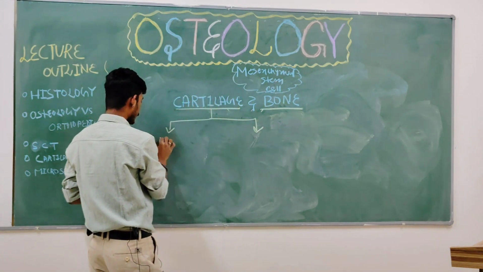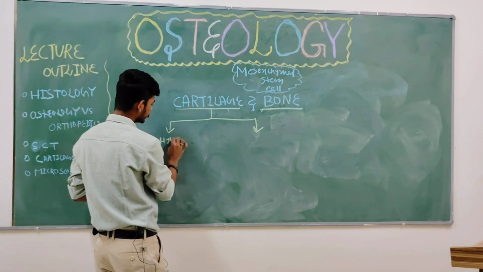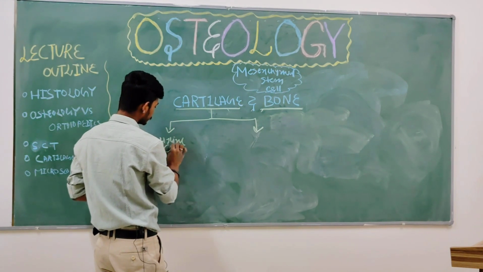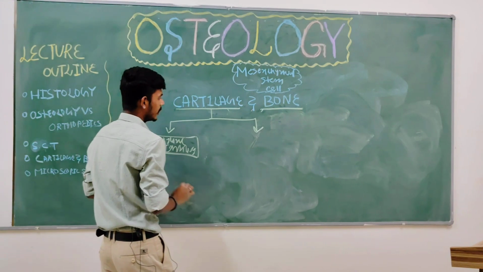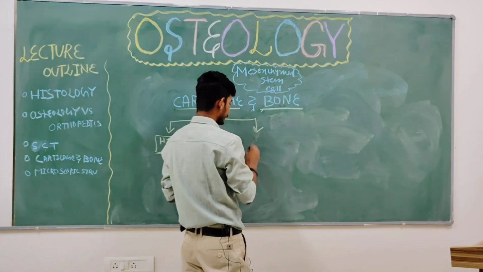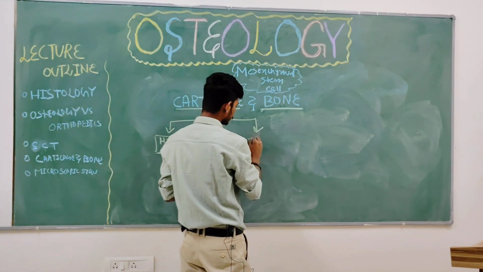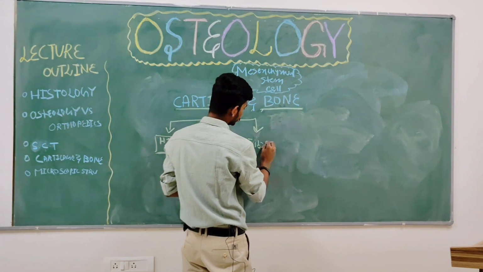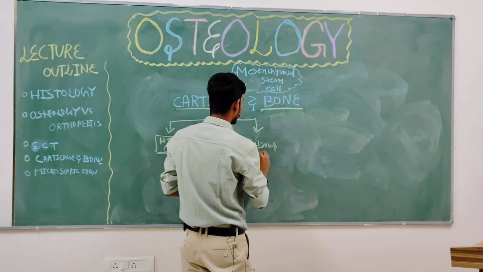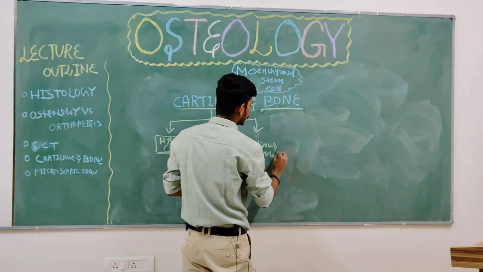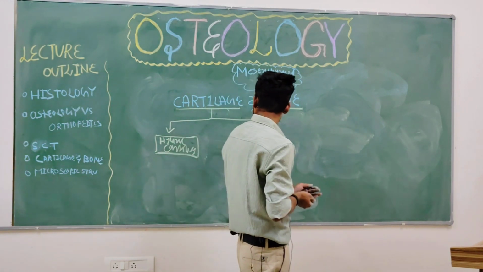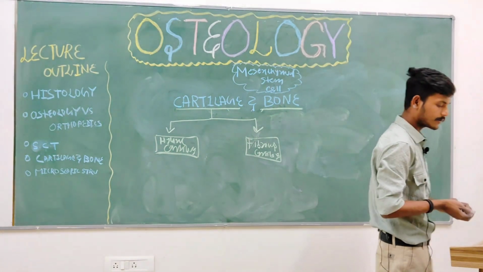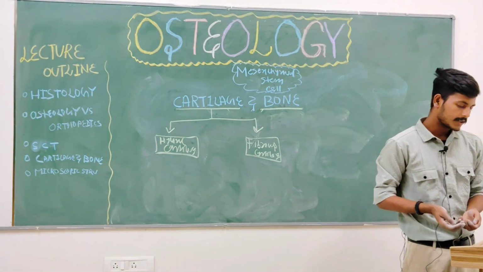One is called hyaline cartilage, and another one is called fibrous cartilage. The first category is the hyaline cartilage, and the second is your fibrous cartilage.